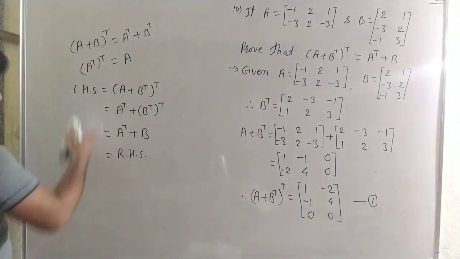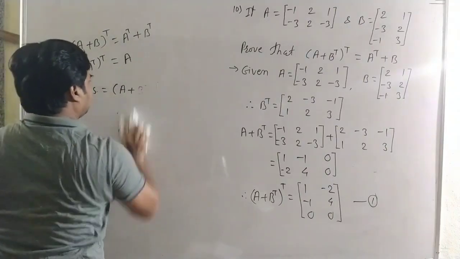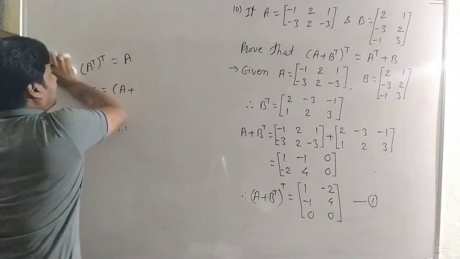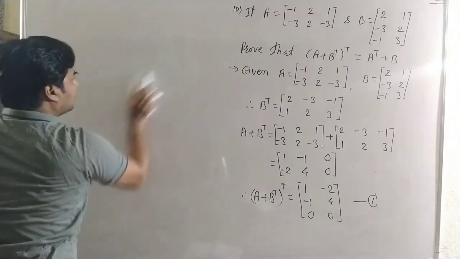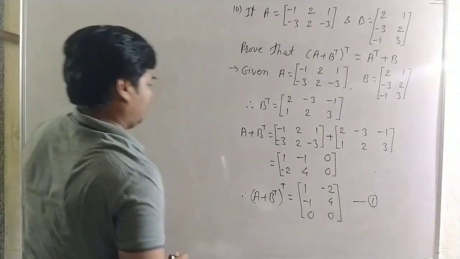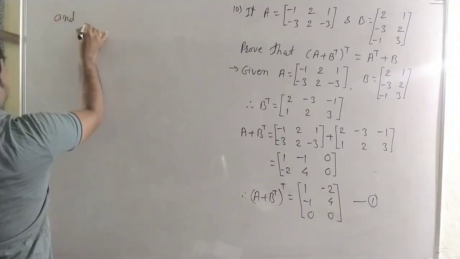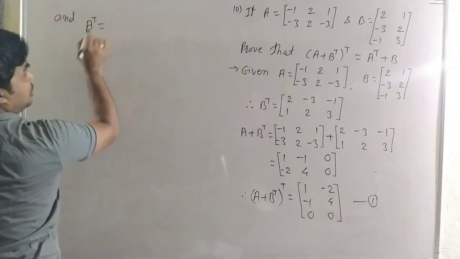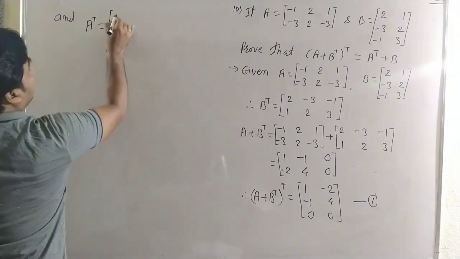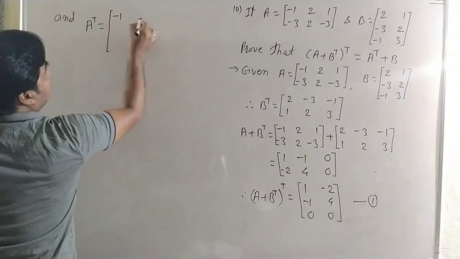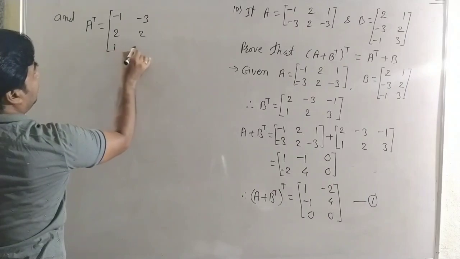Here see carefully this also. Now first find the A transpose. A transpose is equal to the transpose of this matrix A, which is [-1, -3; 2, 2; 1, -3].